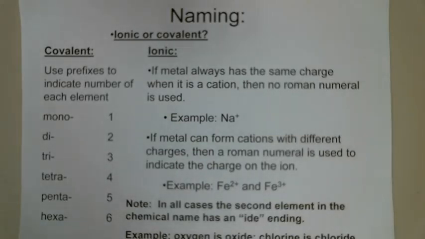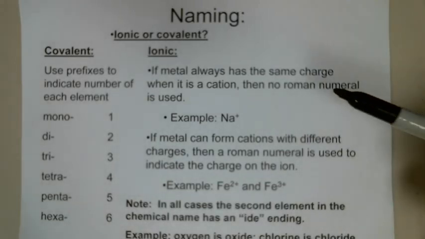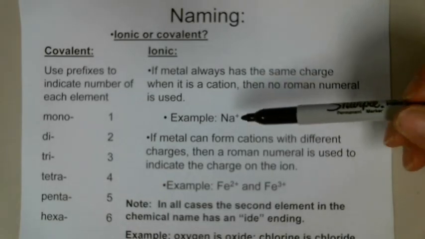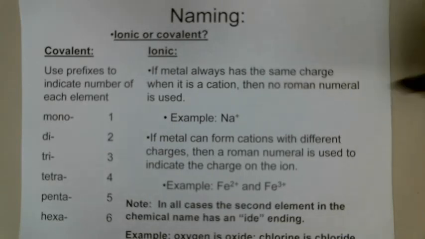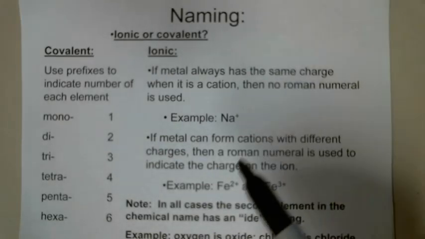That's just the way it is. I can't change it. If I were the emperor, we would just put a Roman numeral on every metal. Who cares, right? But by doing that, you're demonstrating that you know that sodium's +1 no matter what, and so then it doesn't get a Roman numeral. I guess that's the thinking.